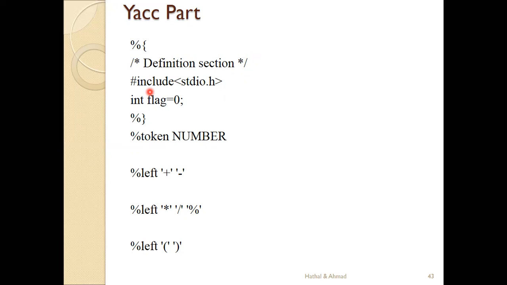With respect to this example, there is the definition for the tokens, a definition for the precedence, and some variables declared, such as flag equal to 0. This is the definition of the variables. The list of tokens returned by the lexical analyzer is specified as %token NUMBER.